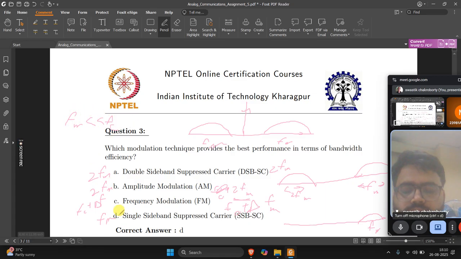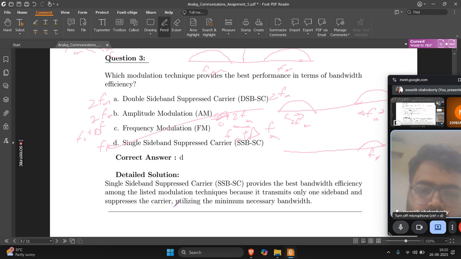So option D has the smallest bandwidth. The smallest is the single sideband suppressed carrier. Single sideband suppressed carrier provides the best bandwidth efficiency among the listed modulation techniques because it transmits only one sideband and suppresses the carrier, utilizing the minimum necessary bandwidth.